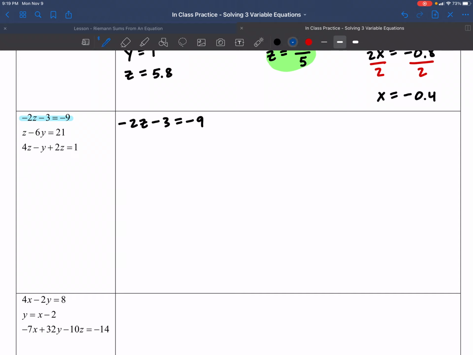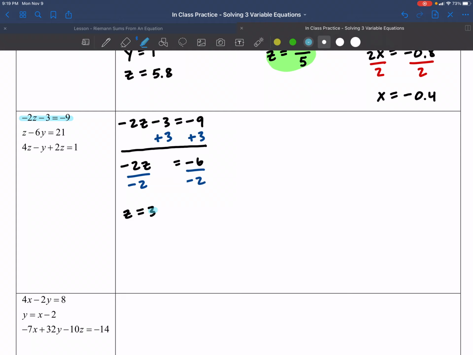I'm going to solve by adding 3 to both sides, which leaves me with negative 2z is equal to negative 6. We're going to divide both sides by negative 2, and we get z is equal to 3. So there is our first solution, z is equal to 3.